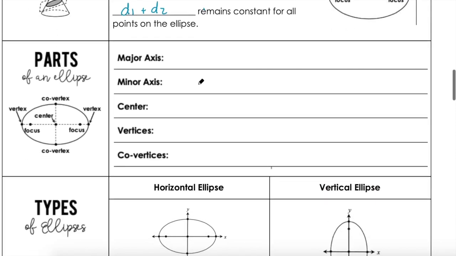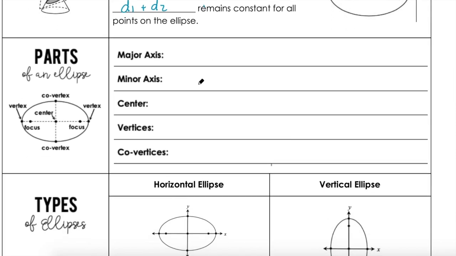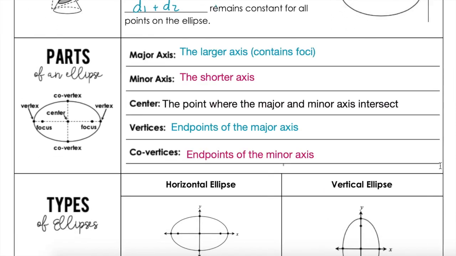Let's go ahead and define some common vocabulary that's used when describing an ellipse. The first word that we're going to define is the major axis. The major axis is the larger axis and contains the foci. So on our diagram off to the left here, the major axis would be the one that is running from left to right in blue here.